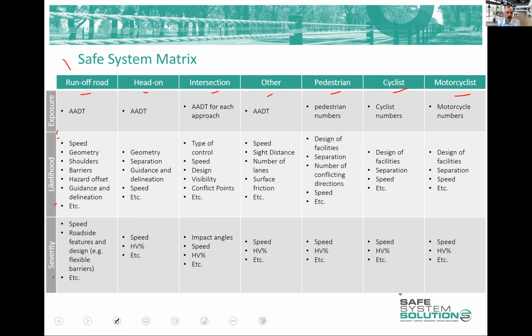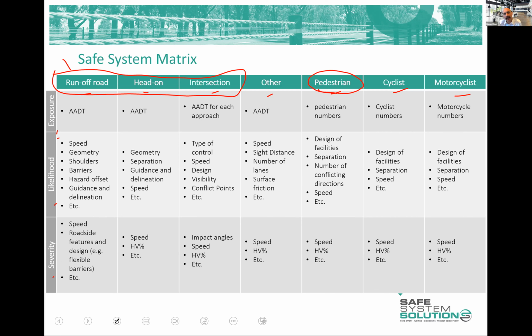These three categories are vehicles being cars or trucks. Because if at an intersection a vehicle goes through the intersection and hits a pedestrian, we categorize that as a pedestrian crash in the Safe System Assessment Program.